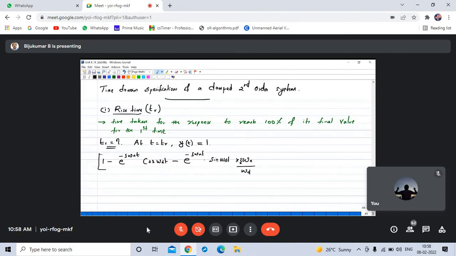And this, at time t equal to tr, can be equated to 1, right?